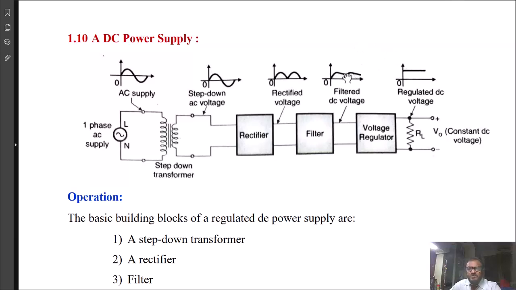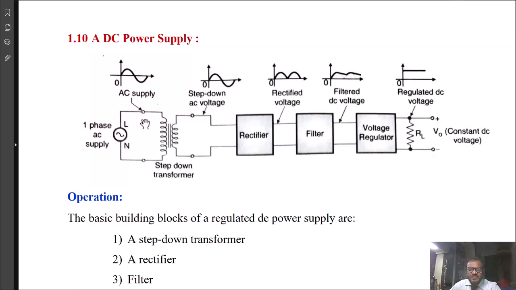The filter output is also called unregulated DC voltage because this voltage also changes when the input AC amplitude changes and if the load current changes.